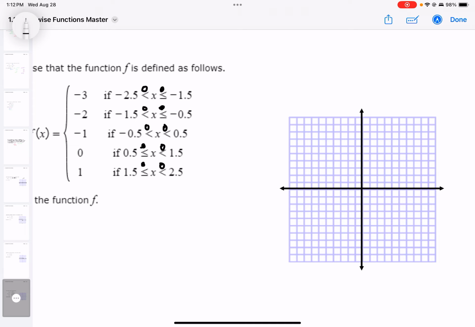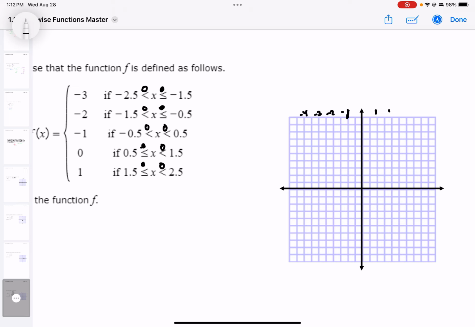This one's closed. Okay, so if x is negative 2.5, and I'm going to count these, so like this is 1 or negative 1. This is negative 2, negative 3, negative 4, and so forth. So I'm going to do where each one is a half.